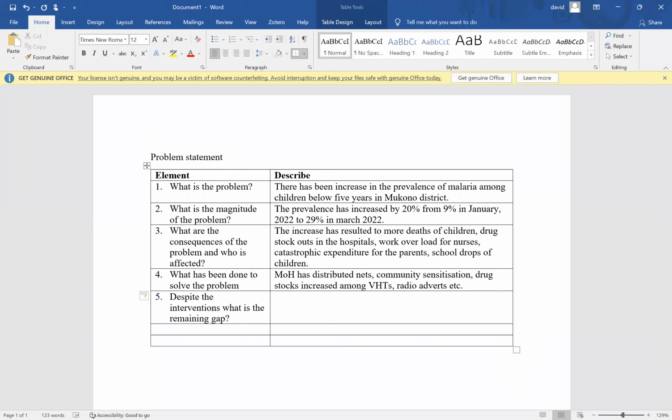I'm saying maybe more cases are still being reported. Maybe the effectiveness of the interventions is unknown.